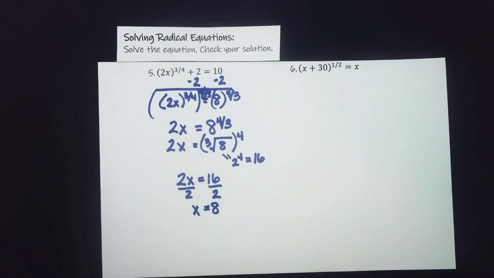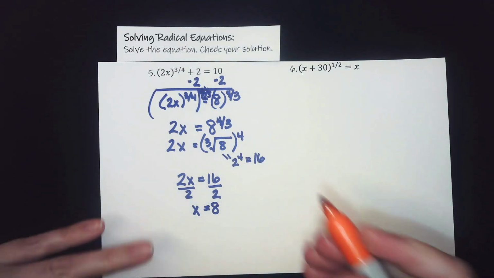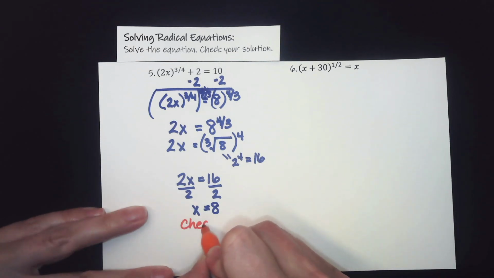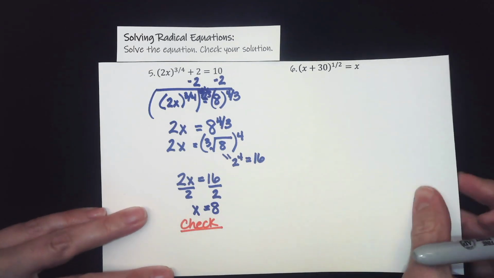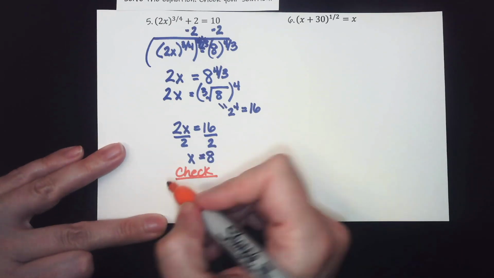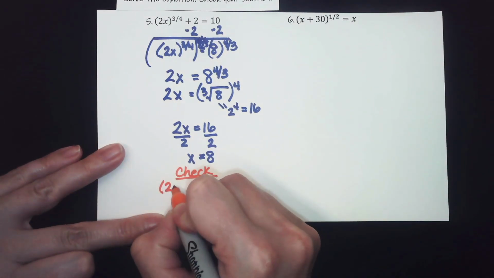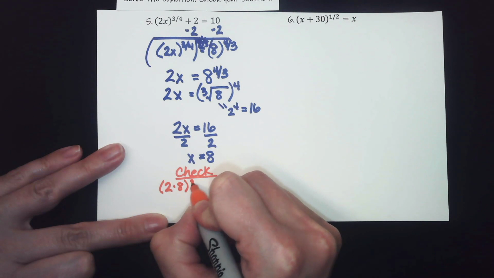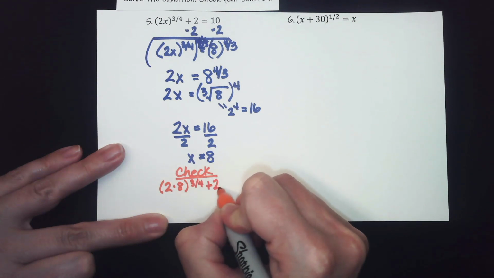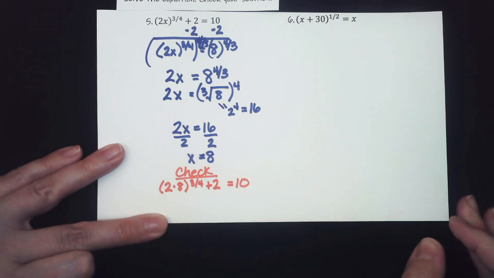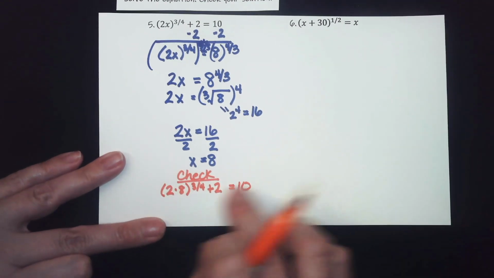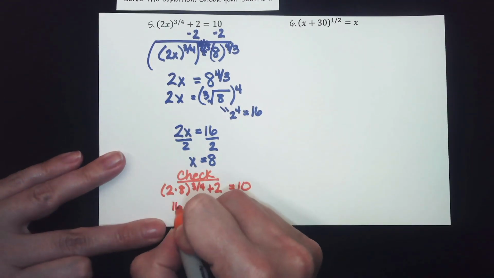Okay, so we need to check our answer. So I plug it in, so I have 2 times 8 to the 3/4 plus 2, and I need it to equal 10 if 8 is my solution. Okay, 2 times 8 is 16.